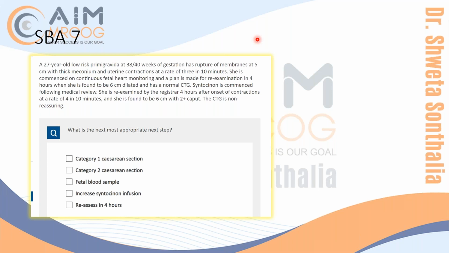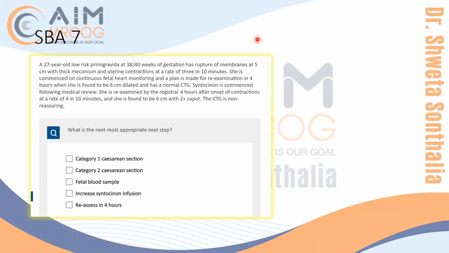Initially it was 5 centimeters, and then she became 6, so that was a suspected delay. After that, syntocinon was commenced. Then it was 6 centimeters again, so this was clearly a prolonged first stage, with 2+ caput. So she is not progressing. This is a confirmed delay now, and the CTG is also non-reassuring.